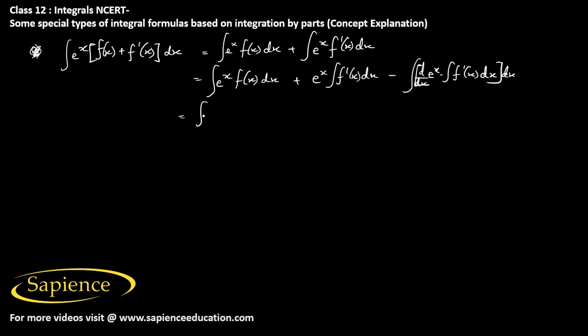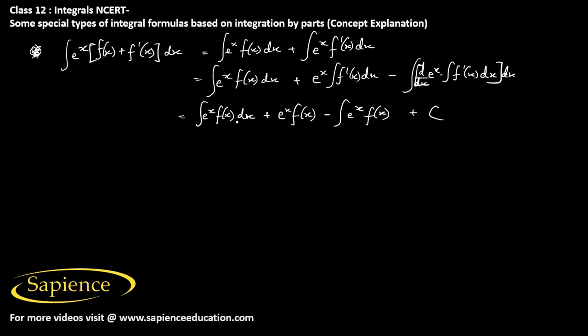So this will be equal to integral e power x f x dx plus e power x f x, then minus d by dx of e power x, it will be integral e power x into integral f dash x, which is f of x, so then plus c.